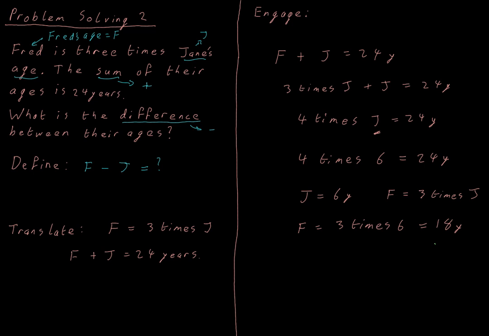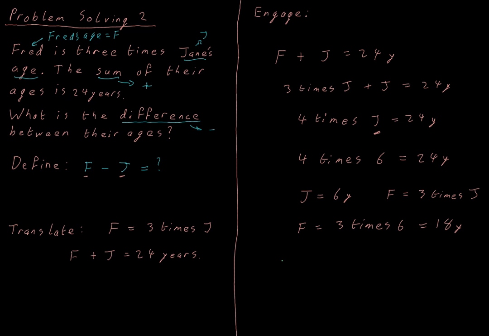And finally, I come back. Now that I have the parts of the question I was asked for, I found Jane's age, and then I found Fred's age, and now I can come back to my original question. What's the difference between their ages? Now that I've done this work, playing through the problem, the information I was given, can I figure out my answer?